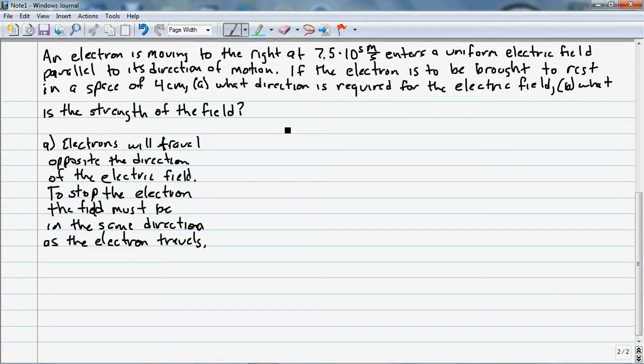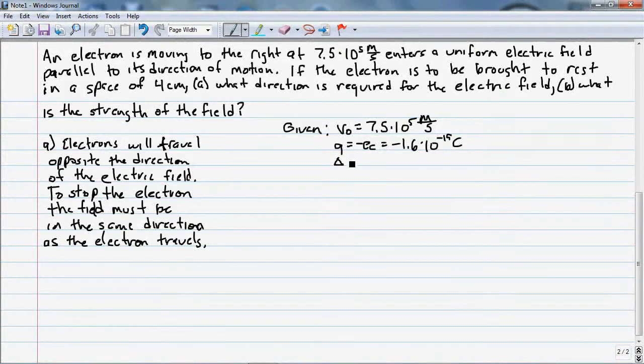Now, let's see what we're given here. We know that our initial velocity, v0, is equal to 7.5 times 10 to the 5th meters per second. We know that our charge is equal to the charge of an electron, and that's just equal to negative 1.6 times 10 to the minus 19th coulombs.